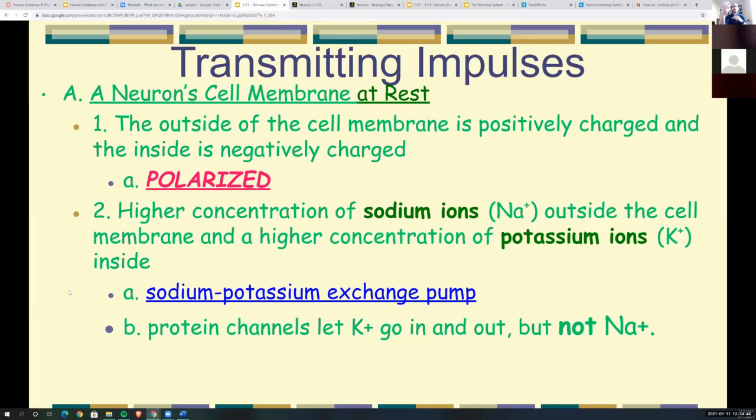So that pump's constantly pulling potassium back in and pushing sodium out, while these open channels just allow potassium in and out. But they don't allow sodium through. The only way sodium can get moved is if something very special happens to that membrane.